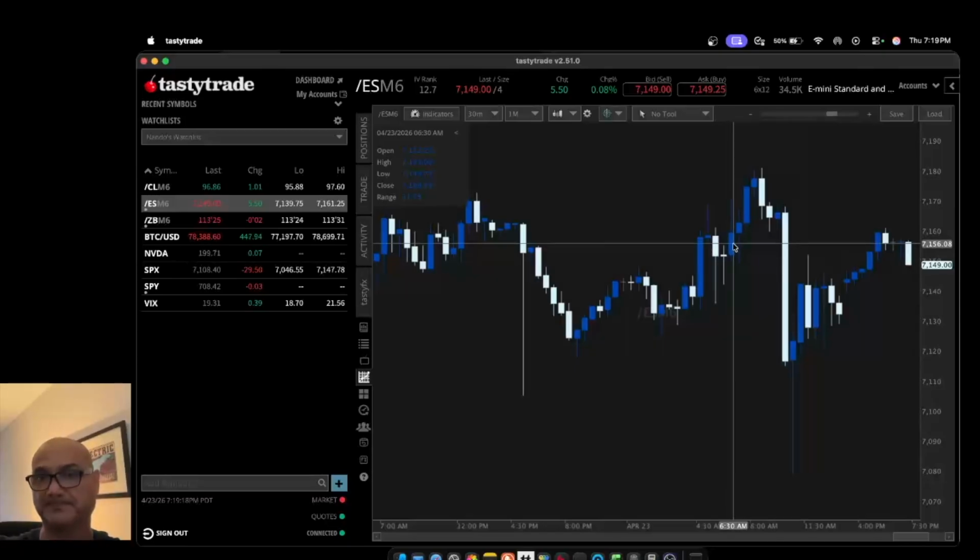After that point, for the next few bars, there was a rally, higher highs, higher lows, and that continued for the next hour and a half.